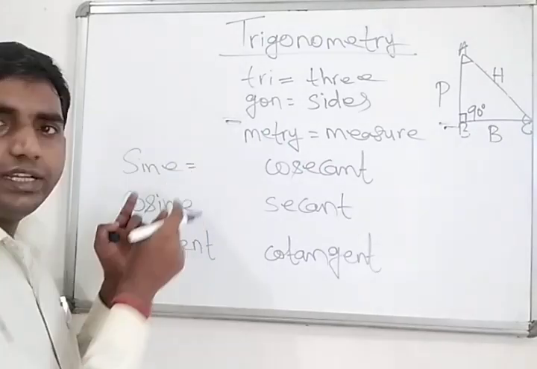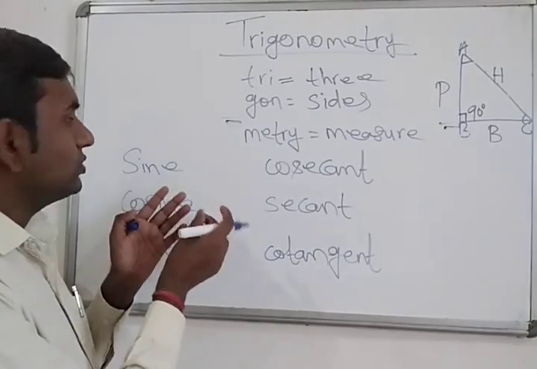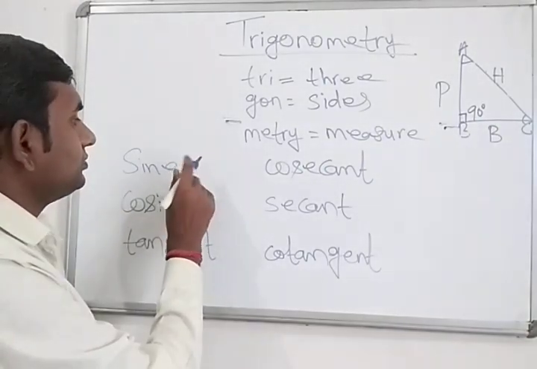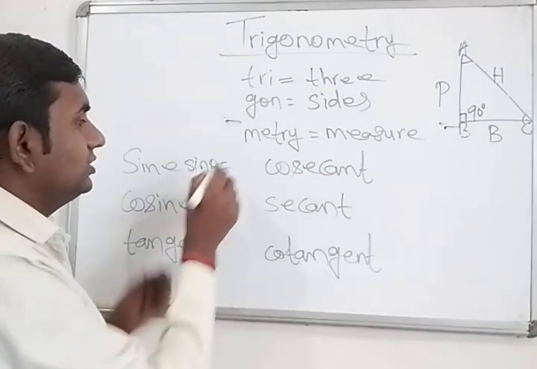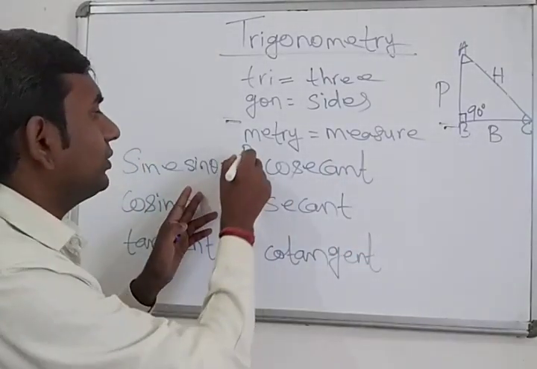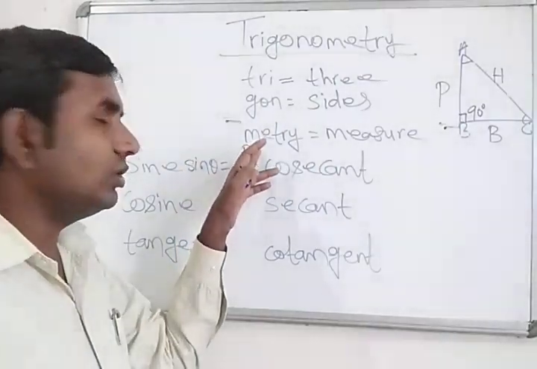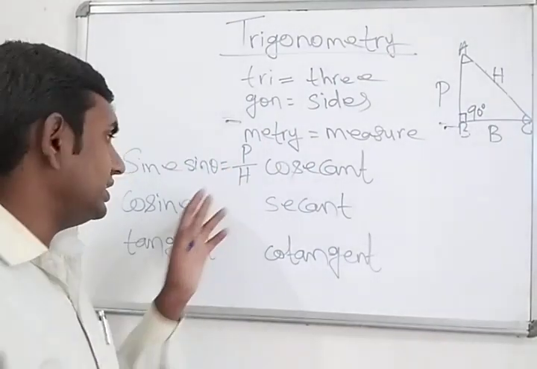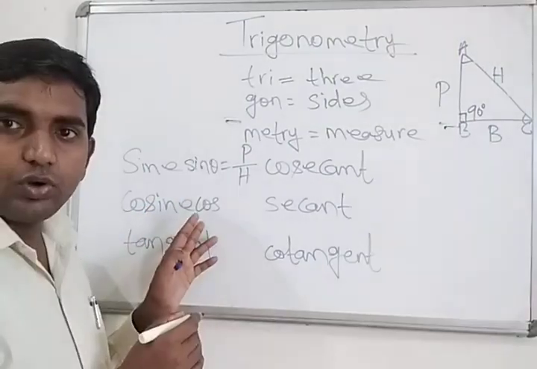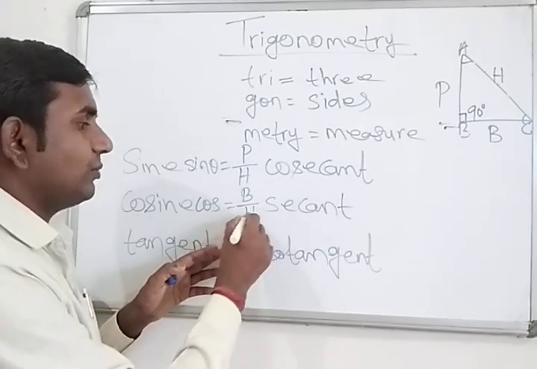If you want to find their values, suppose sine theta, in short form we write sin theta. So sin theta is equal to perpendicular by hypotenuse. Similarly, cosine we represent by cos, and cos is equal to base by hypotenuse.